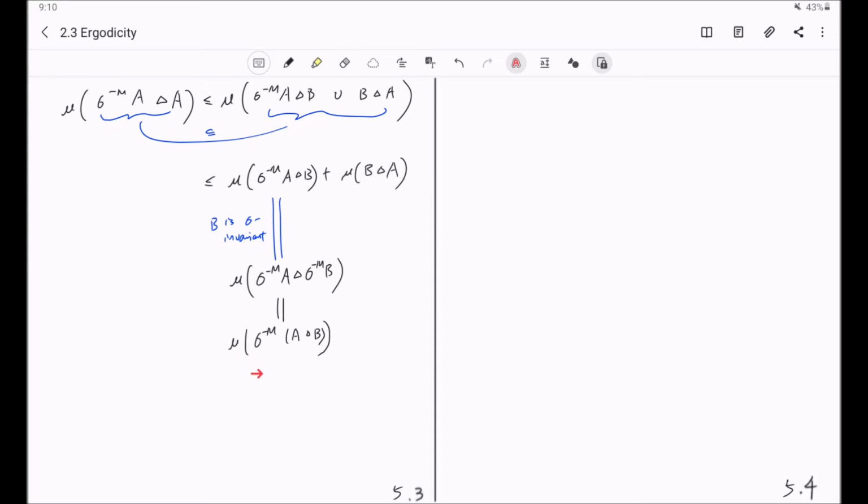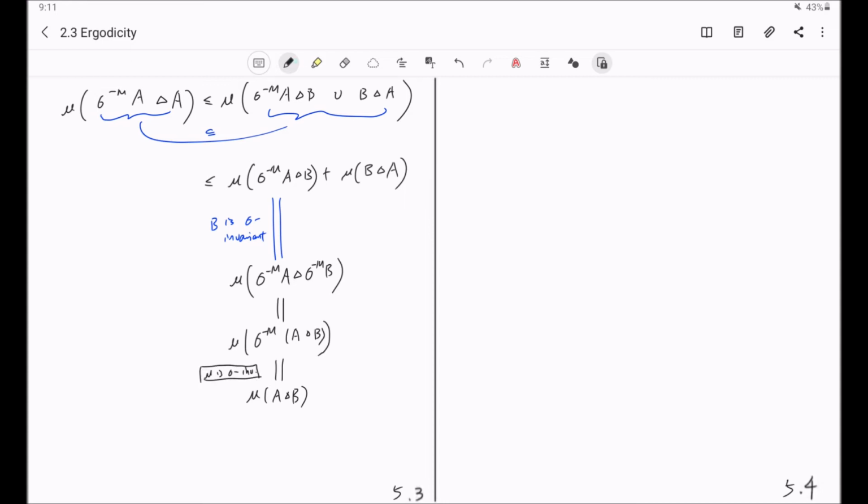Now you're going to use the fact that mu is sigma invariant. This is an assumption above everything because we start with a measure preserving system. The measure is always invariant under some given map. Here the measure is invariant under this Bernoulli shift. So this is equal to the measure of A symmetric difference with B. And this is because mu is sigma invariant.